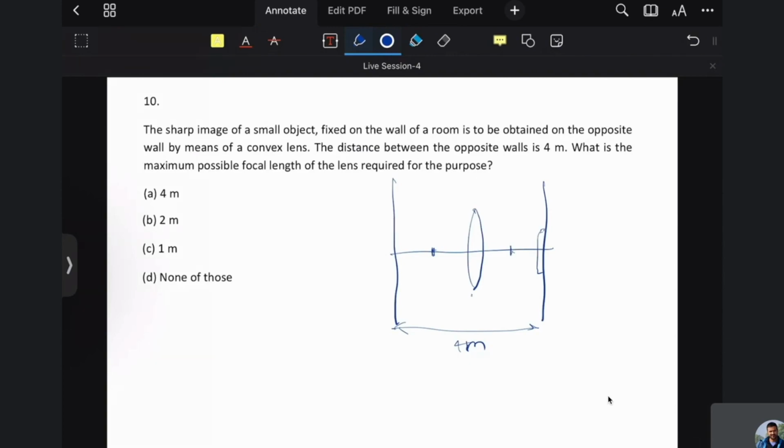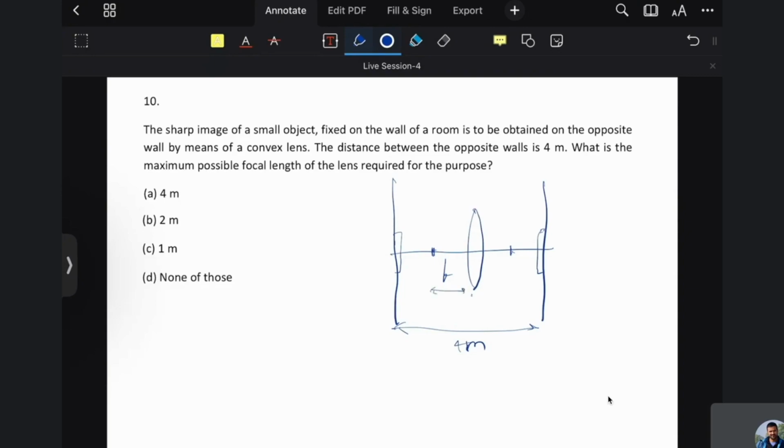So we have to obtain the image on the other side of the wall. Now how do you do this? To get a real image of this object, what would be the condition? Suppose this is your focal length.